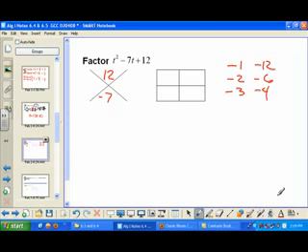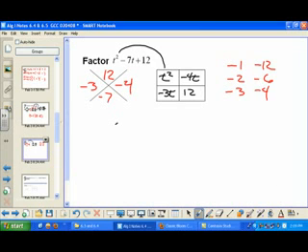So I look at this, and the two that add up to be negative 7 are negative 3, negative 4. So I get t squared and 12, negative 3t, negative 4t.